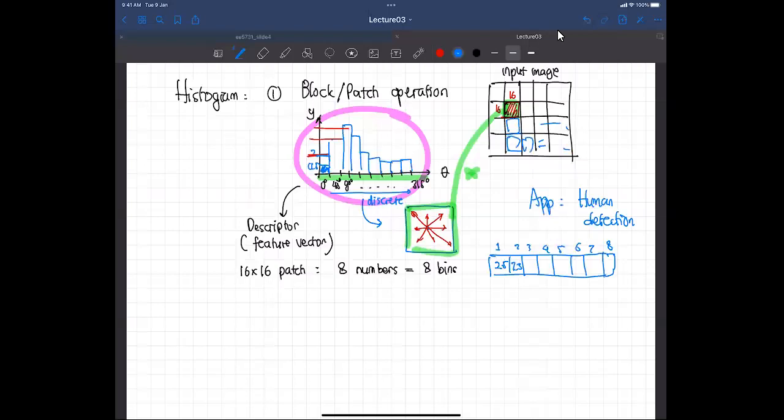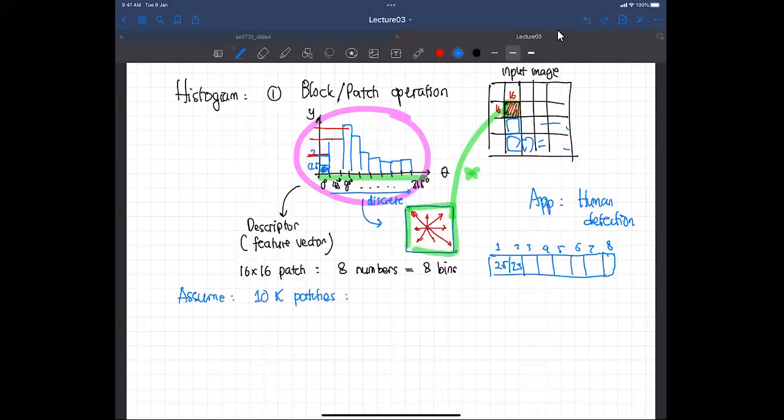So assume that you have 10K patches, 10,000 patches. What will be the length of your descriptor for the whole image?